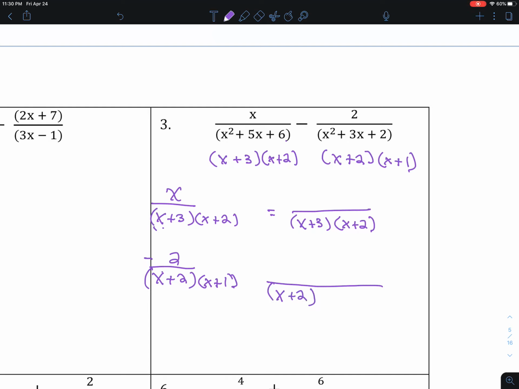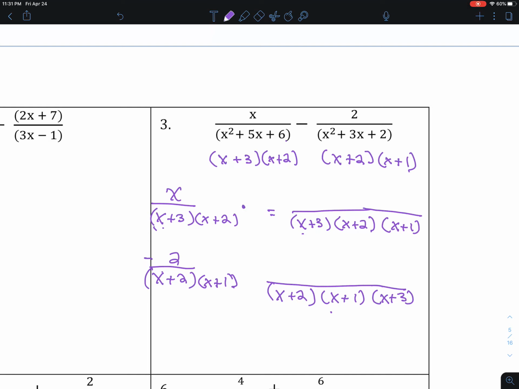Oh, look, we already have x plus 2 and x plus 1. So what is this one missing? This one is missing x plus 3. What is this one missing? It's missing x plus 1, because all the factors have to be represented.